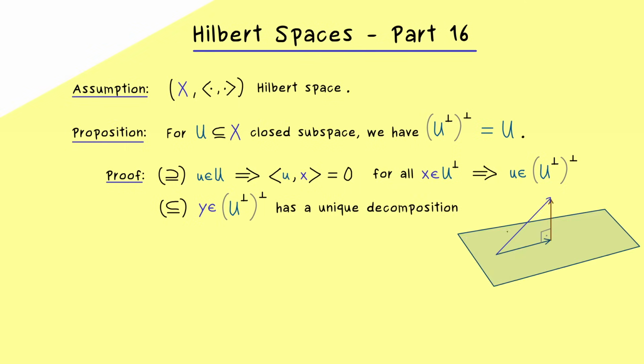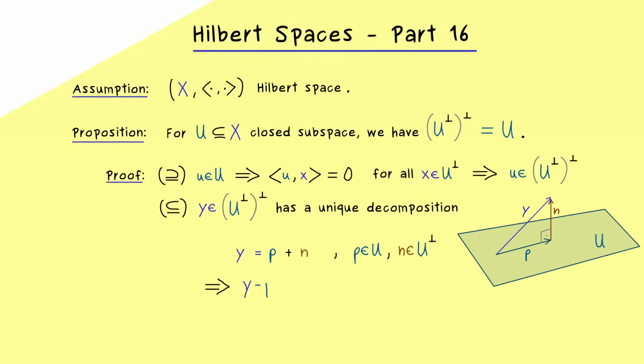But also this y has a unique decomposition if we want to project it onto our subspace U. So in short, we can just say that y is equal to p plus n. And there p is in U and n in U perp. And there please never forget that the only vector that these 2 subspaces have in common is the 0 vector. In fact, this is exactly why we have the uniqueness of this decomposition.